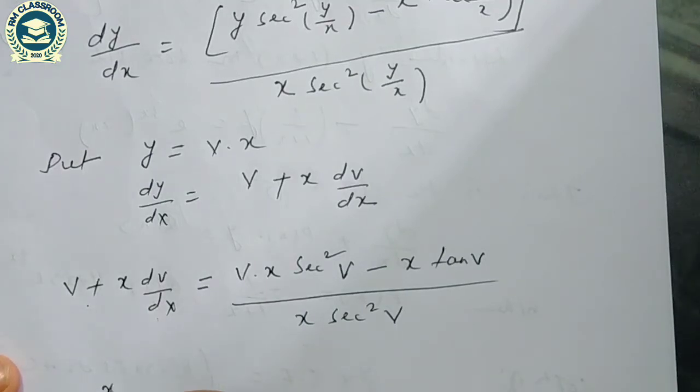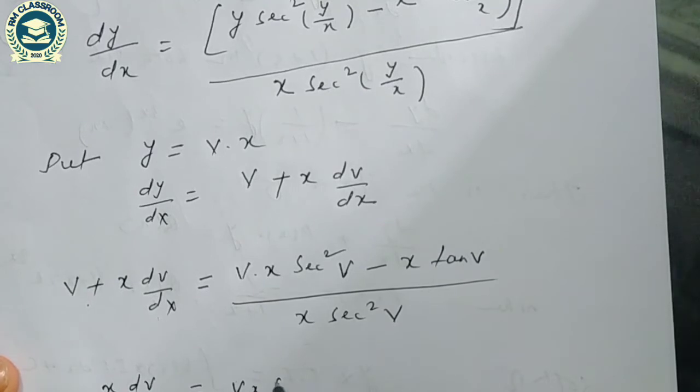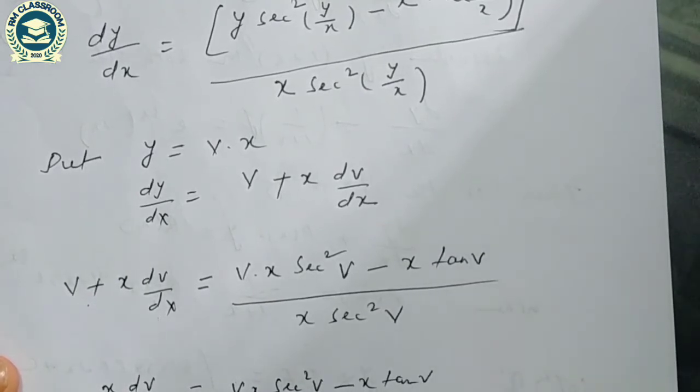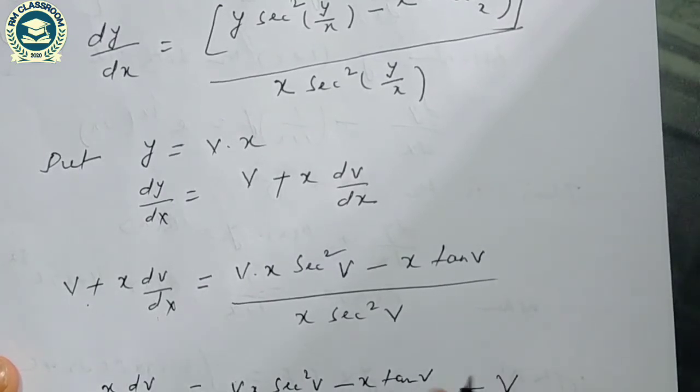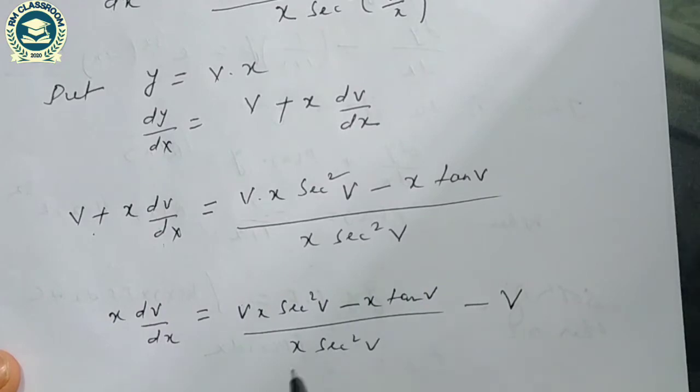So x dv by dx is equal to v x sec square v minus x tan v divided by x sec square v, minus v, and x cancels out.